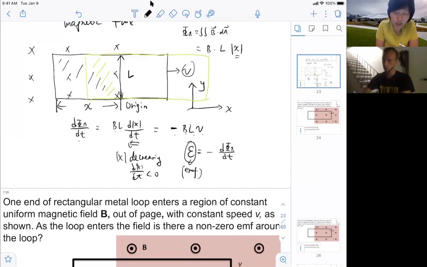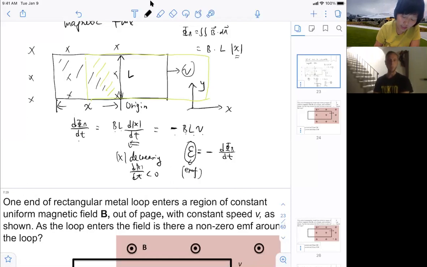We just won't call it motional EMF when it's not moving. We will talk a little bit more about the negative sign later on. Right now, we're just going to leave it as it is. The negative sign has a very significant physical meaning, but we'll wait for a little while. So you can also calculate your EMF this way, as a change of flux over time.